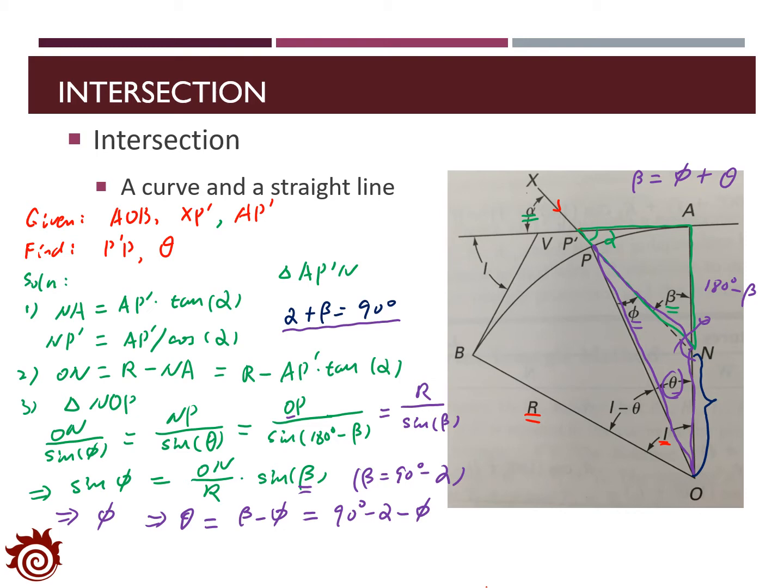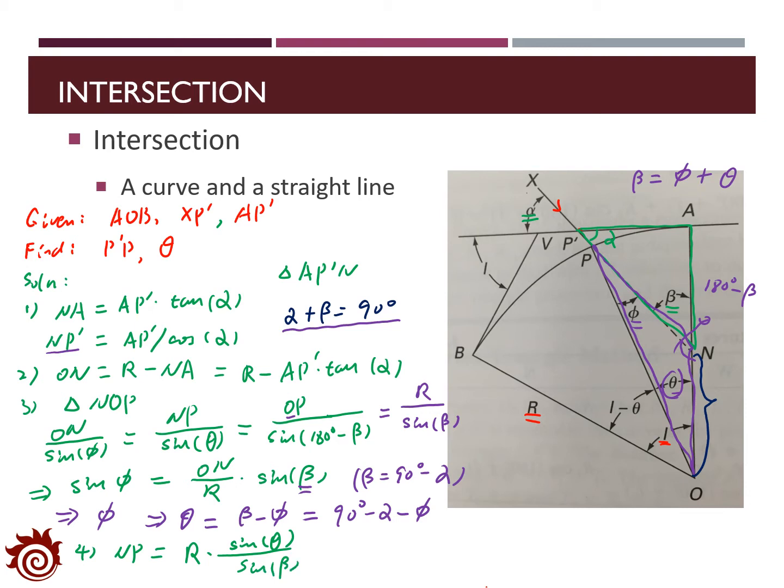And then we want to find out the length of P to P prime. With that, we want to know the length of N to P, as we already calculated the distance of NP prime. So we have NP equal to R times sine theta divided by sine beta.